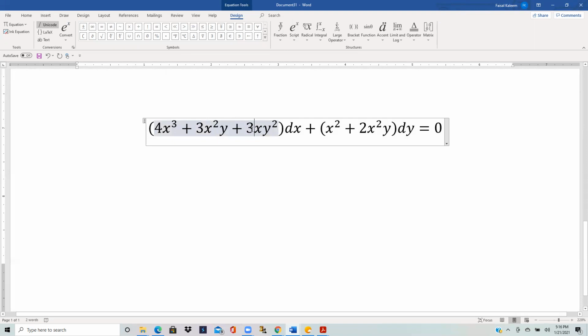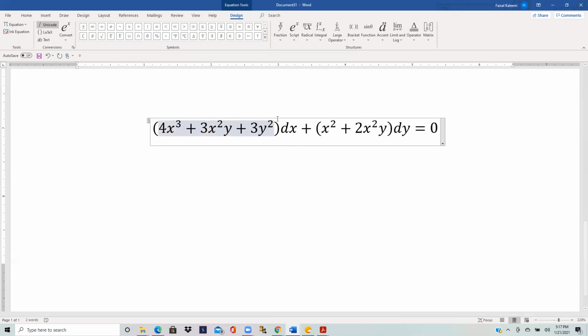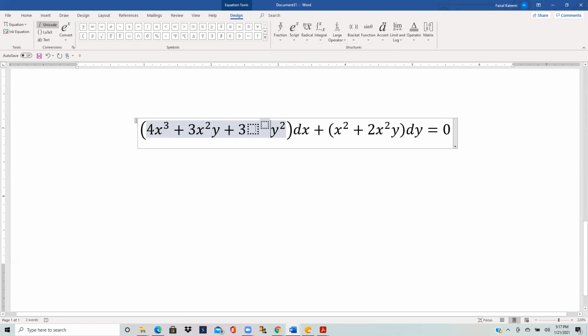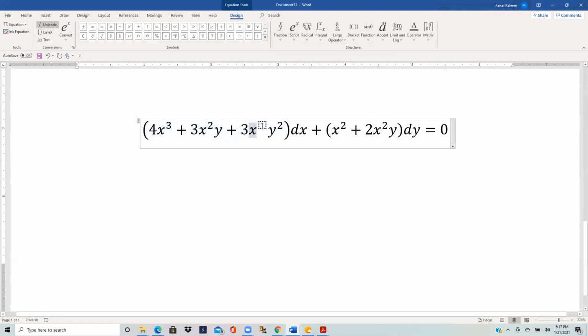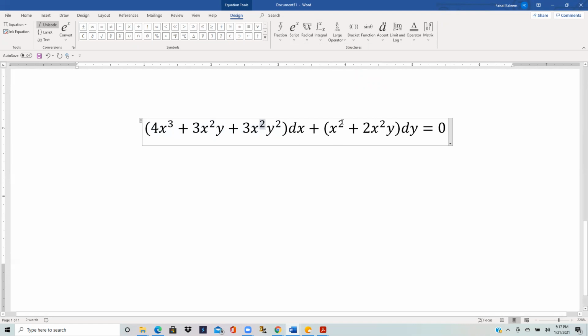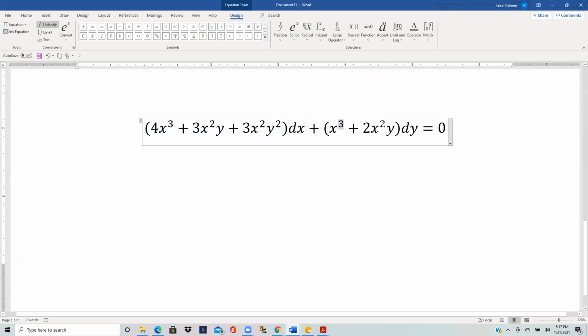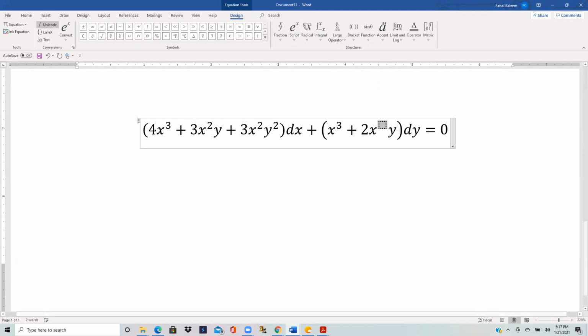Let's just write the x squared. This one will become x cubed. Remember, everything is being multiplied by x, and this will also become x cubed.